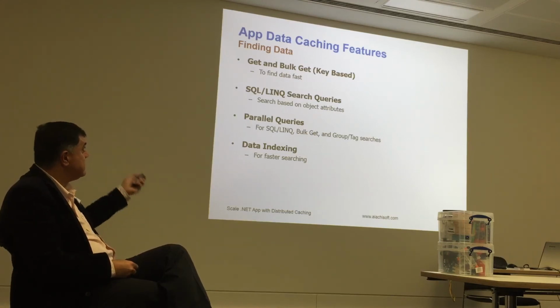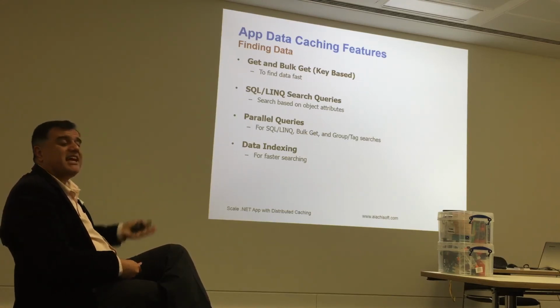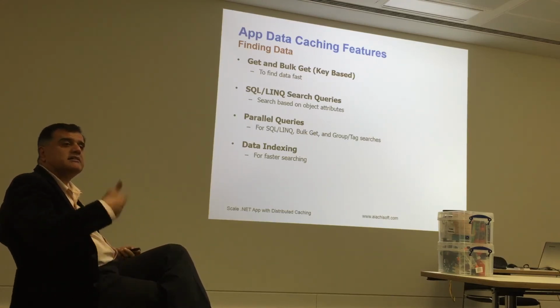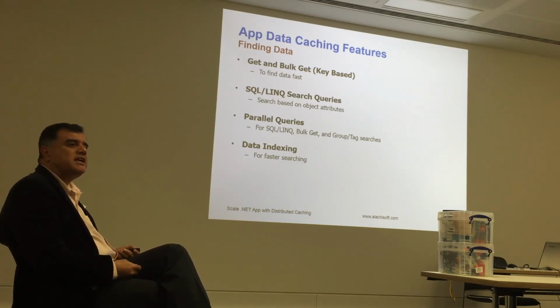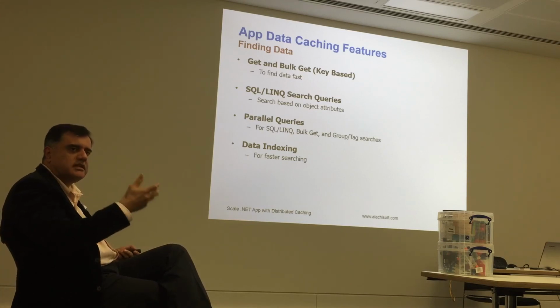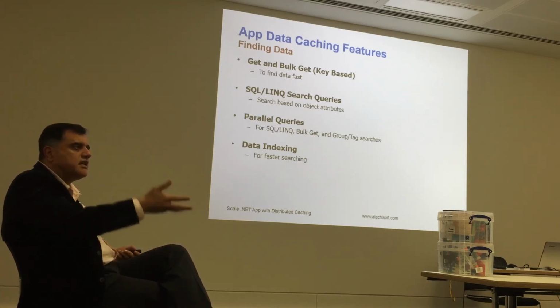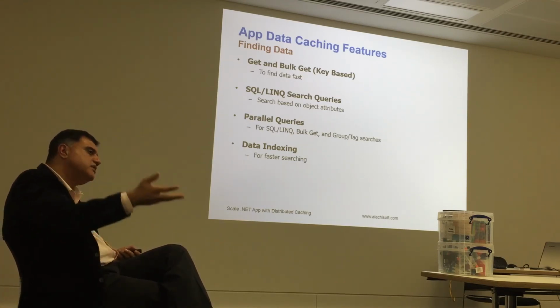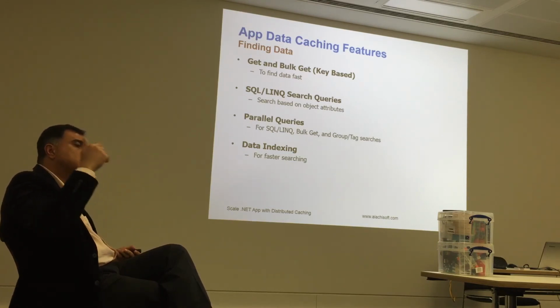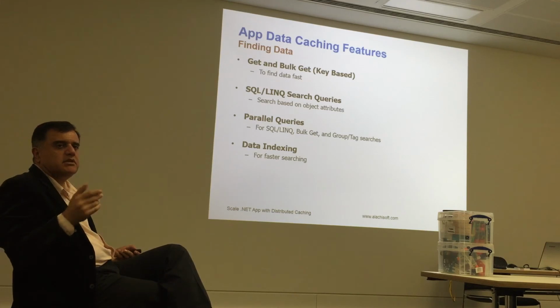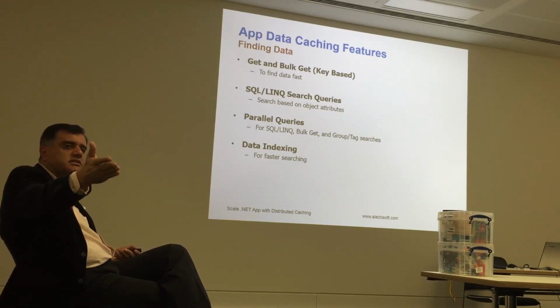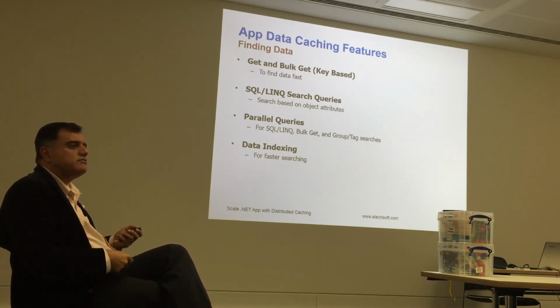Finding data is important. A lot of the caches only give you key-based access. But a cache is a lot more than just key value. Even though it's stored as key value, you're storing objects. That is data. These are your entities, your domain objects. They have come from your database. So although you cannot do as sophisticated searches as a database, because for example, you can't do joins, because joins are very complicated.